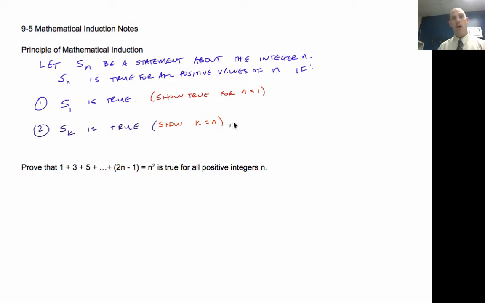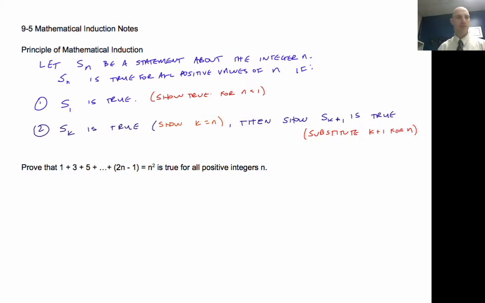And in order to prove that it always works, then we have to show that S sub k plus 1 is true, which means I am going to substitute k plus 1 for n.